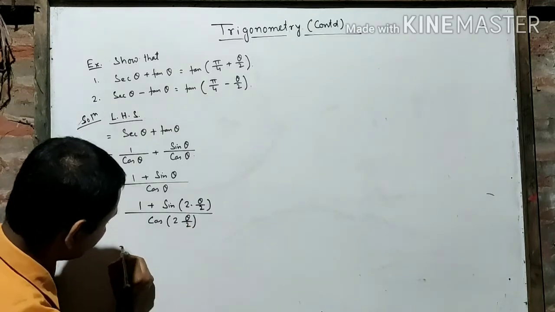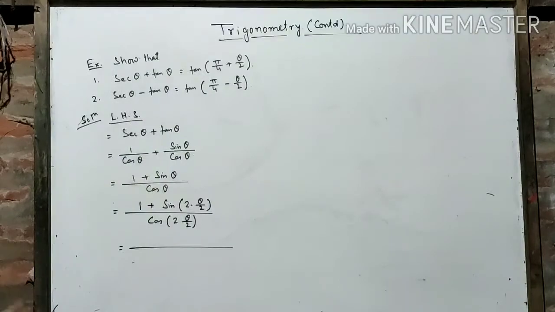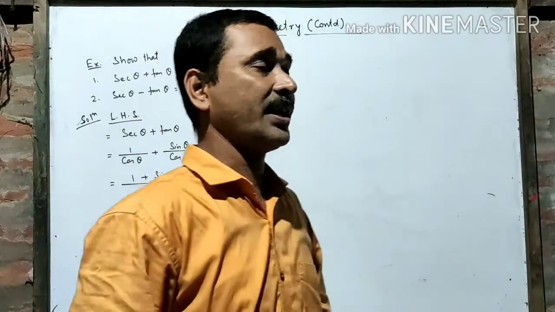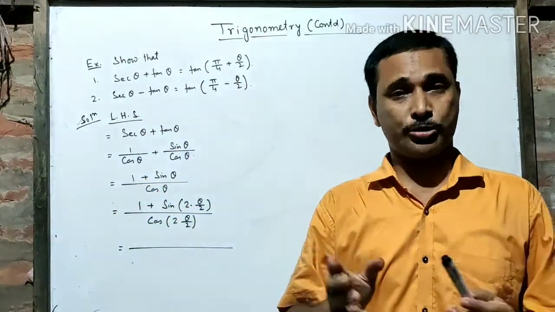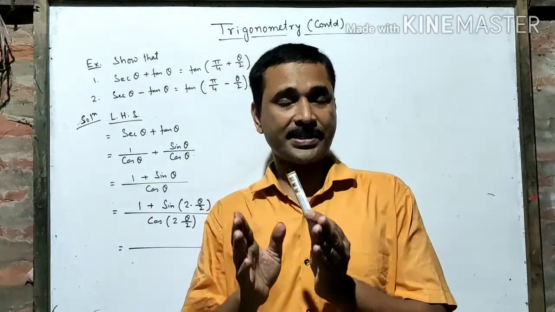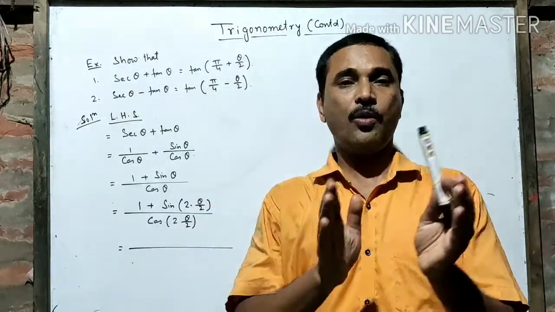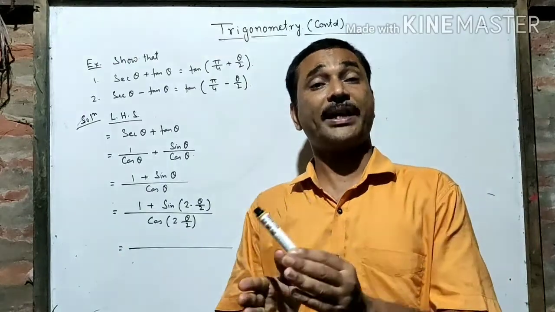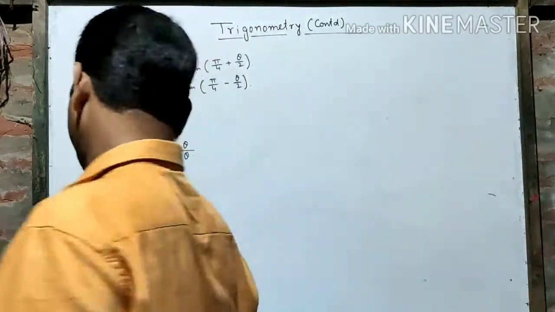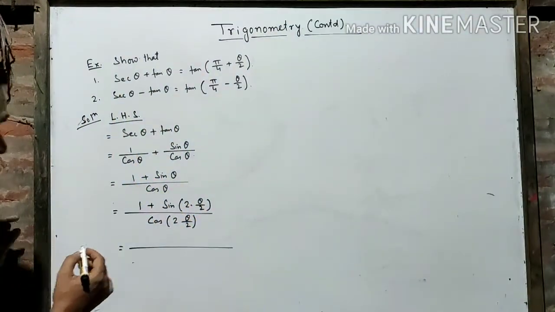Now, if you can remember the result, 1 plus sin twice A equal to cos A plus sin A whole square. 1 minus sin twice A equal to cos A minus sin A whole square. I have given you the result and asked you to remember it.